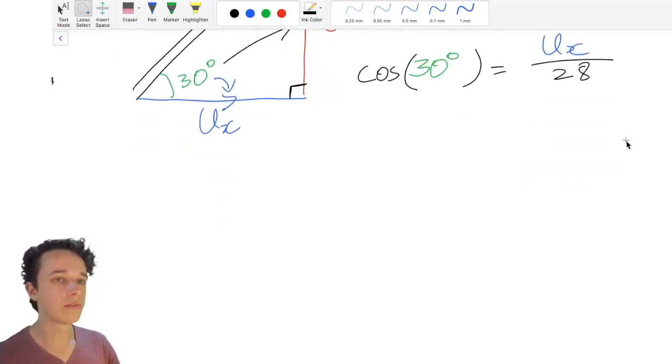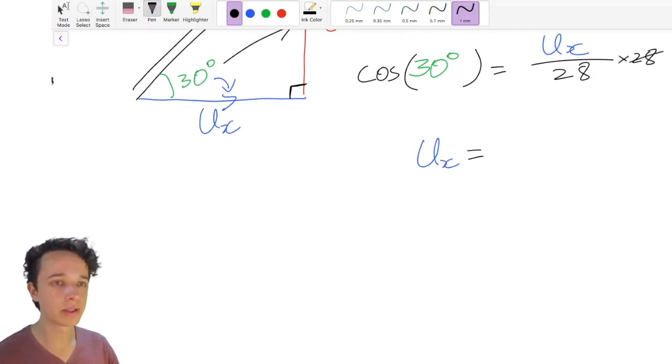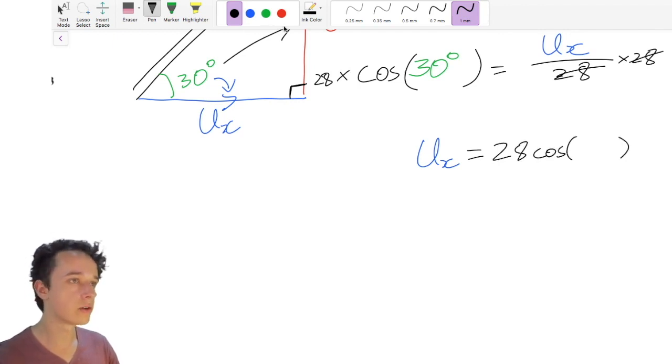We do the same thing that we did for uy, where we want ux as an expression by itself. We multiply this side by 28 to make this cancel out, and if we do something to one side, we have to do it to the other. Then we're left with 28 multiplied by cos of 30 degrees.